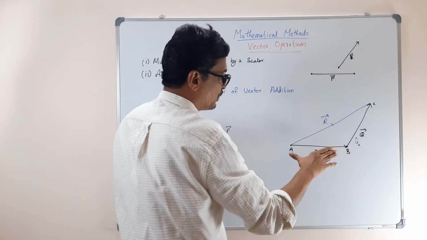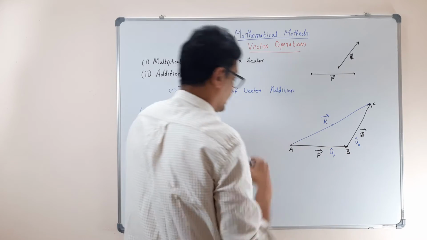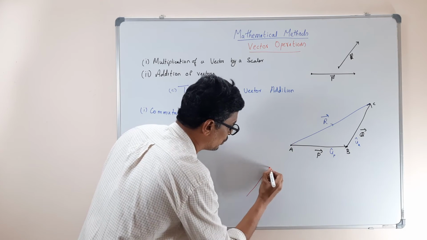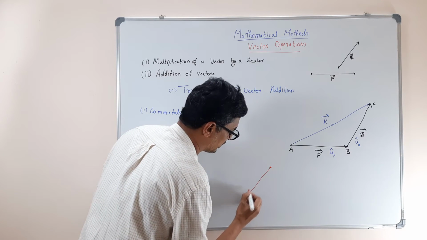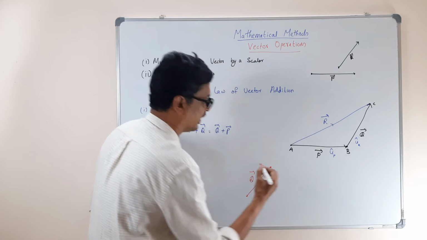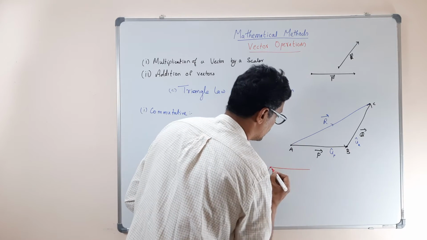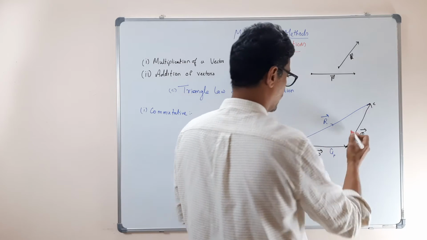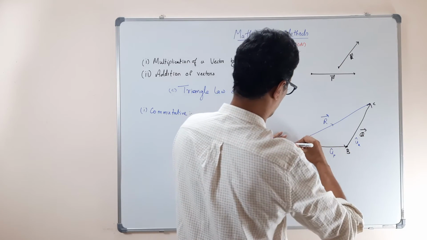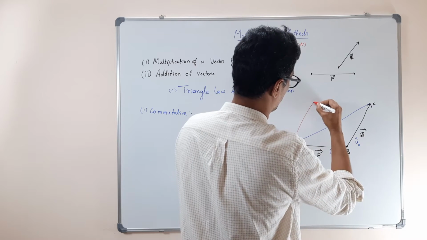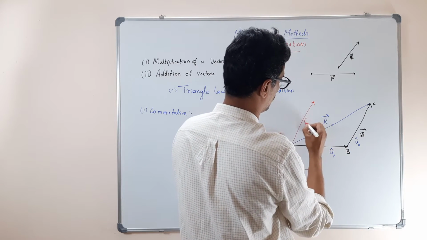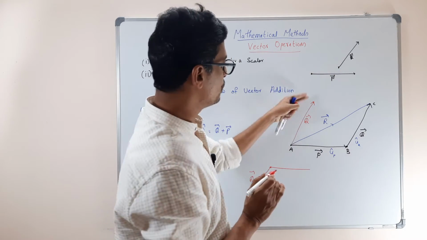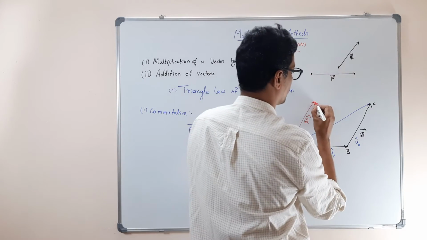If you're adding that way, I am going to add the Q vector here, and then draw it here. That is better, because Q will have the same direction. This is Q. Here first I am going to take Q, and then I am going to take the P vector.